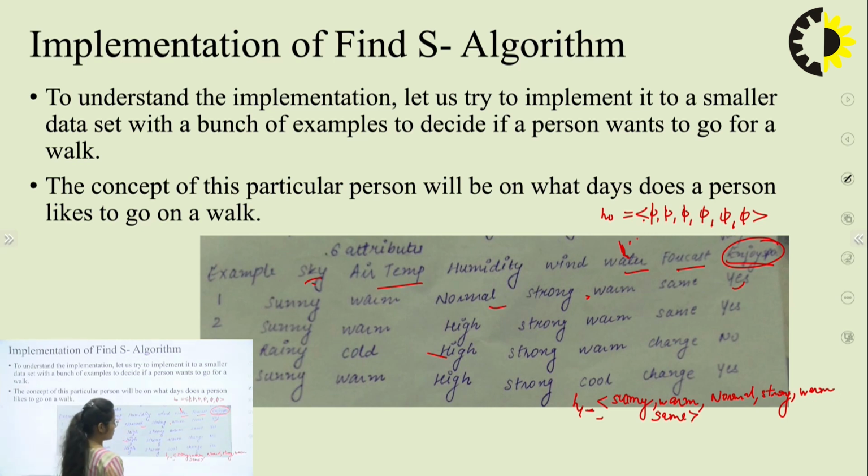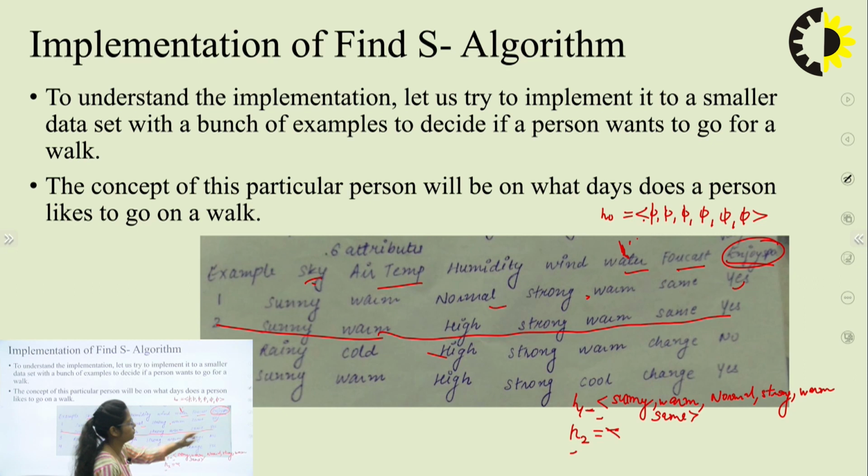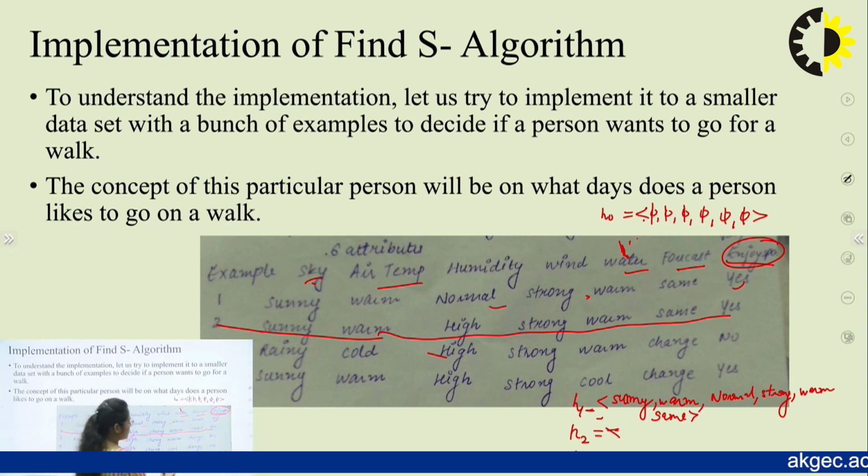Now, for the second hypothesis, H2, we will compare H1 and the second iteration. Sunny and sunny is the same, so we will copy it.